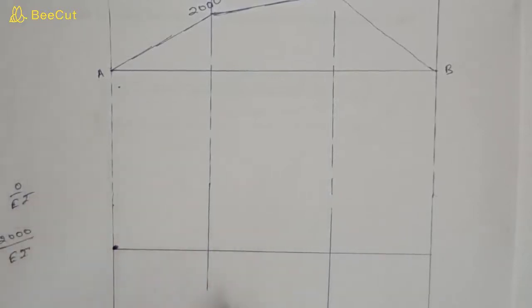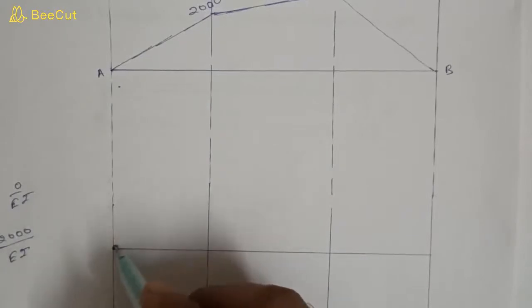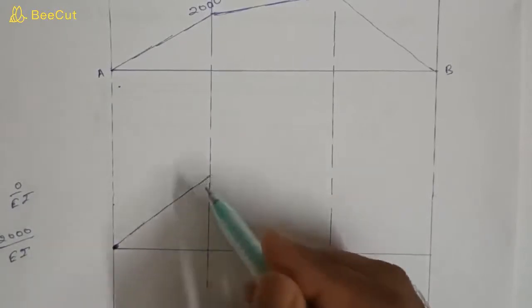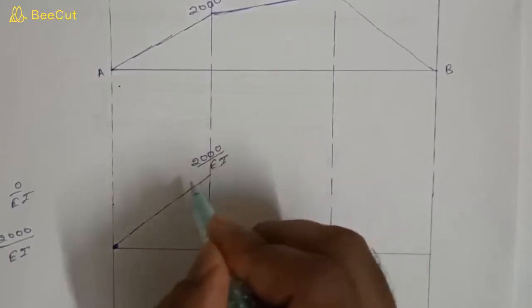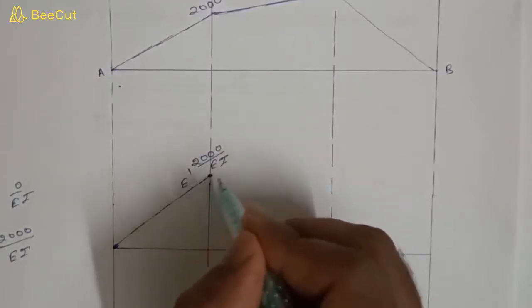For the first section I is only I, so it will be 2000 divided by EI at point E dash.